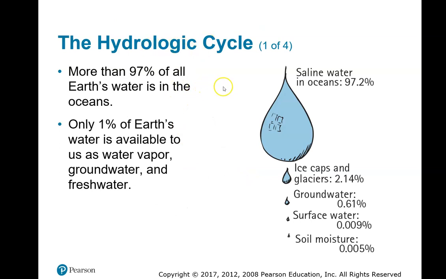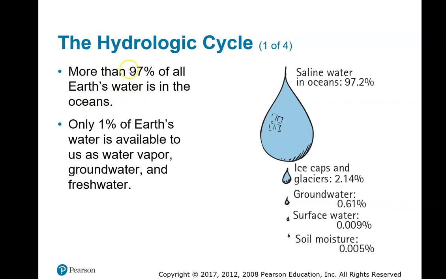And this is something that every person on the planet should be well aware of. Even if they're not, they need to become aware of this. 97% of the Earth's water supply is locked up in the ocean.